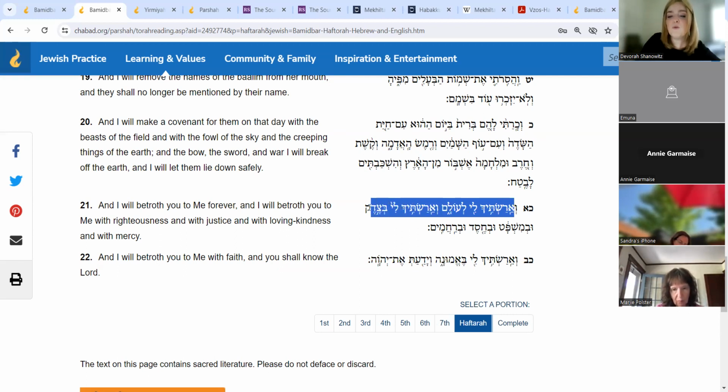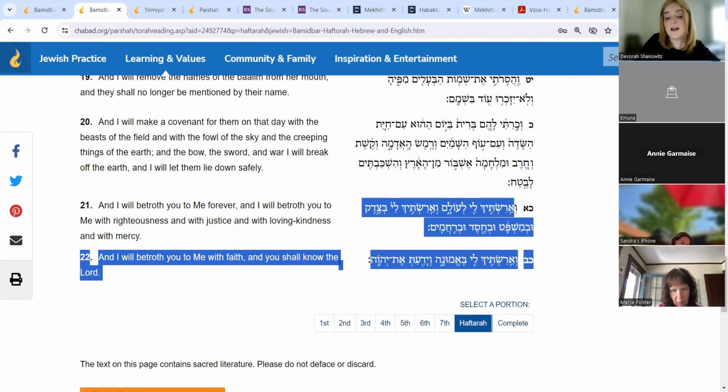I will betroth you with righteousness and with justice and with kindness and with compassion and with faith, and you will know God. And these two verses, by the way, are literally verses that people use in marriage proposals, and it's just so poetic.